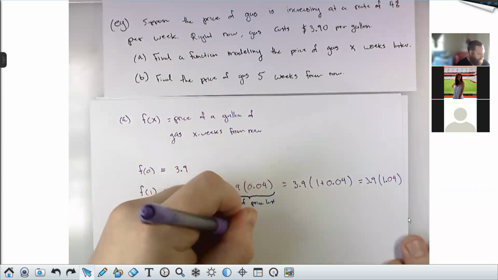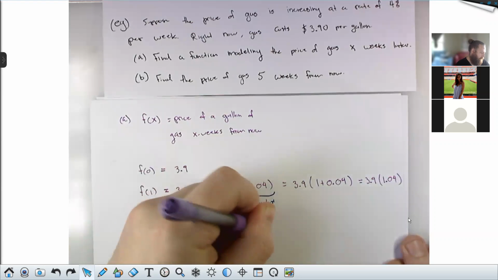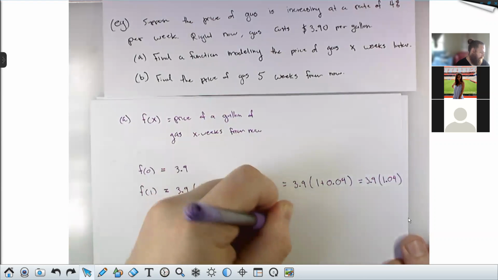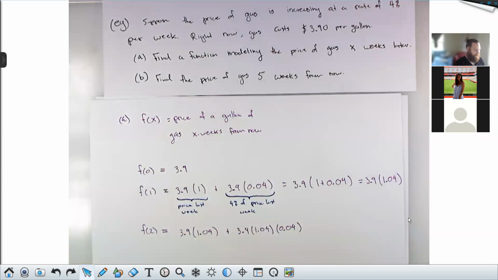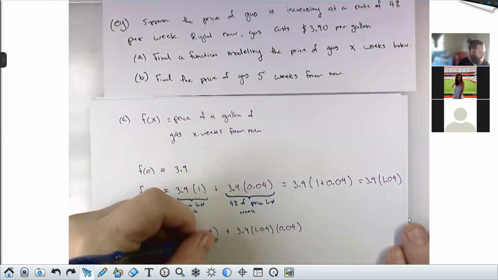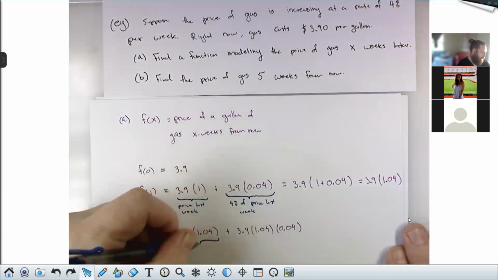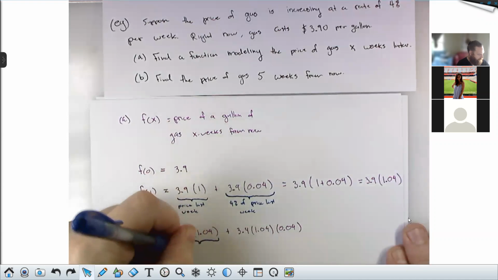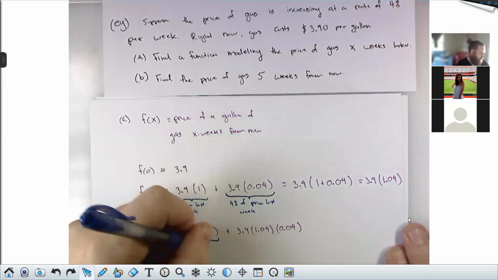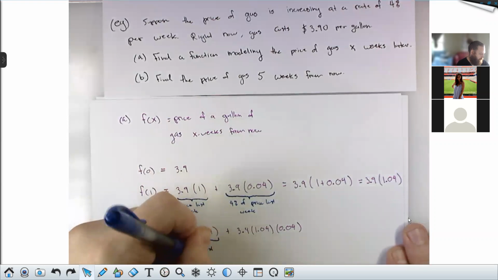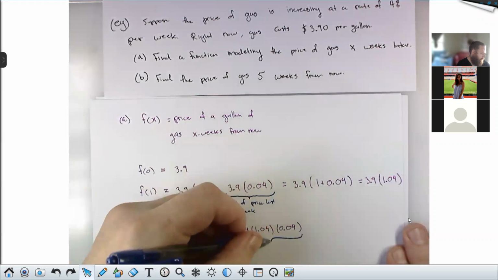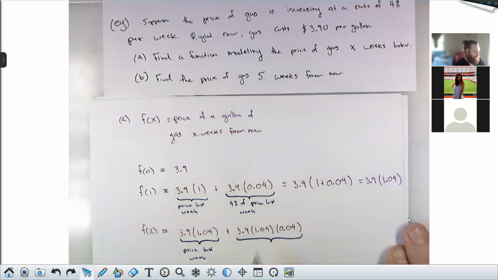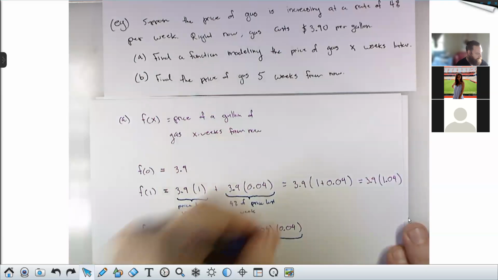So that's 3.9 times 1.04 times 0.04. This is the price of gas in week 1, which is last week. We're in week 2 now. And this is 4% of the price last week. You take the price last week, which is 3.9 times 1.04, and multiply by 0.04.